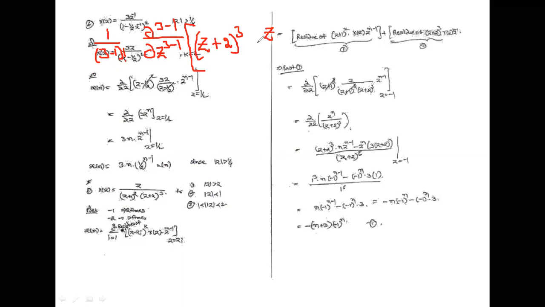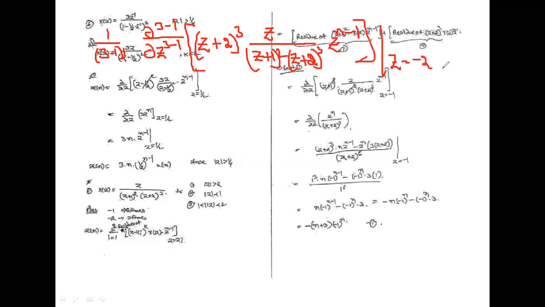What is x of z? z by z plus 1 whole square and z plus 2 whole cube, multiplied with z power n minus 1, at z is equal to minus 2.